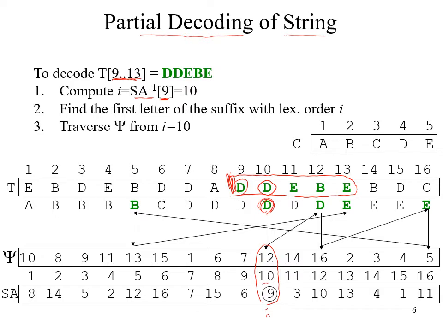Then we go to this position. Next, this is psi I, and the next character is t, so we get this t. To obtain the third one, we again compute psi, then go to this place and get e, and so on. So if we can compute the inverse, then we can decode a substring of T.